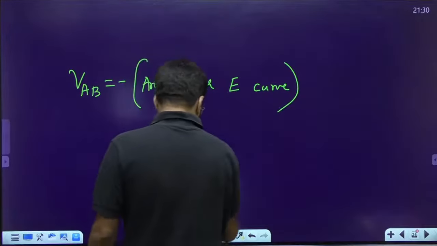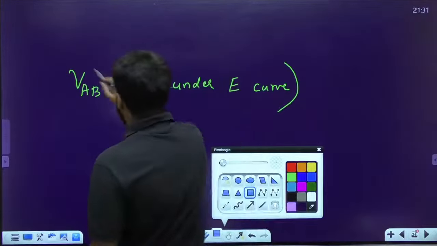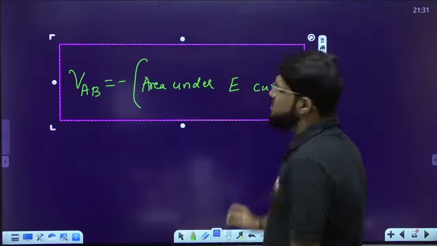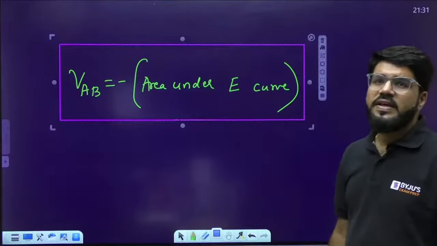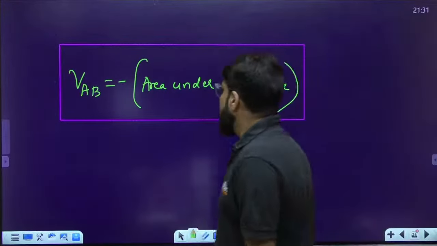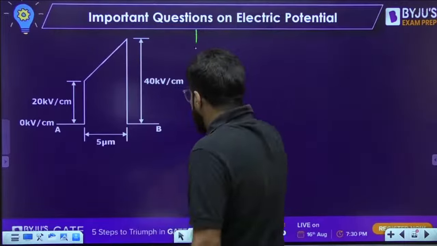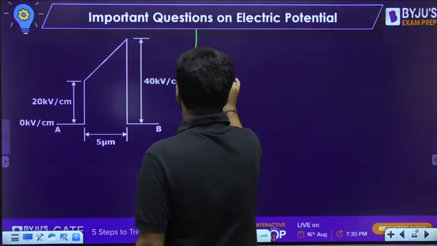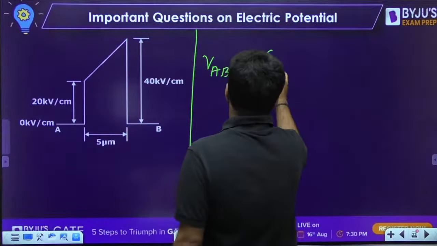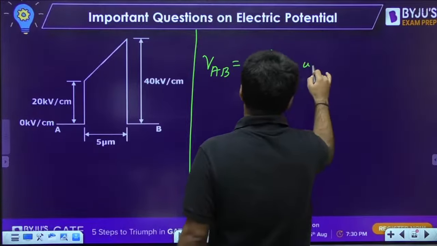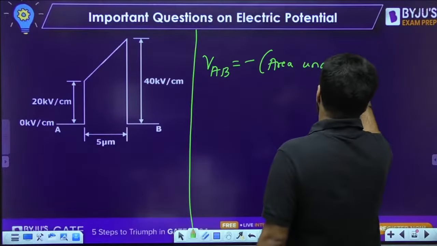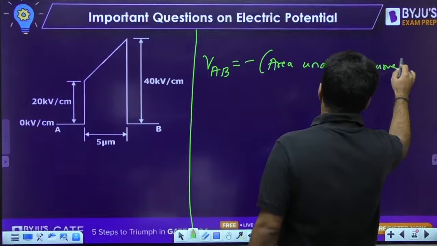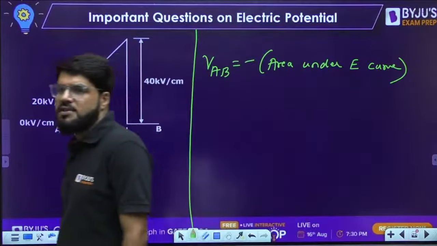Simple. You can conclude it this way. It is negative of the area under the E curve, and we can use this directly here. What is the VAB? It is the negative of the area under the E curve. Whenever it is a one-dimensional field, we can directly use this area concept.